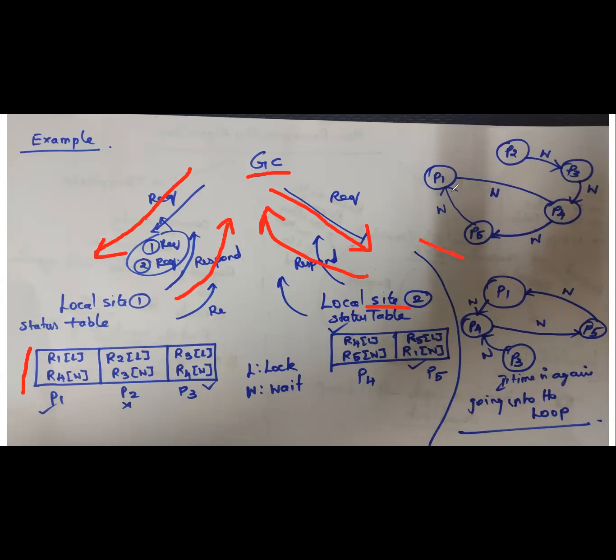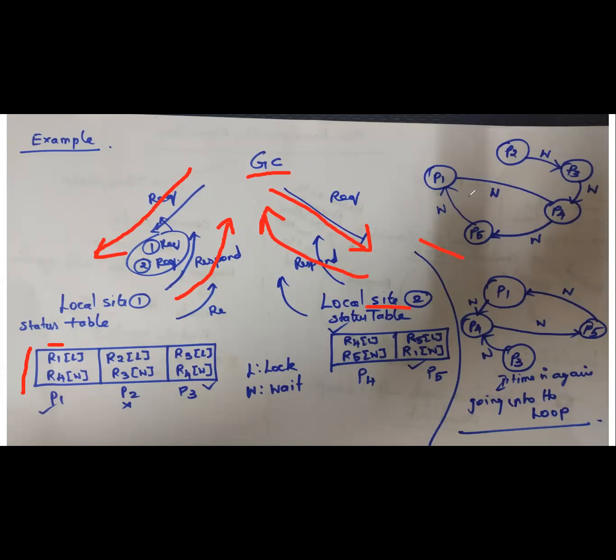Start with P1. P1 is waiting for R4, which was locked by P4.